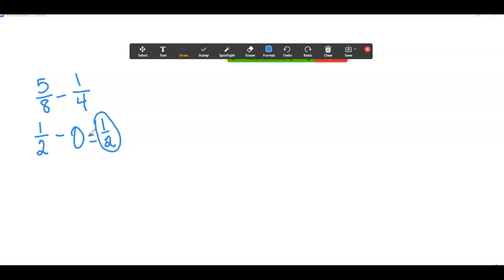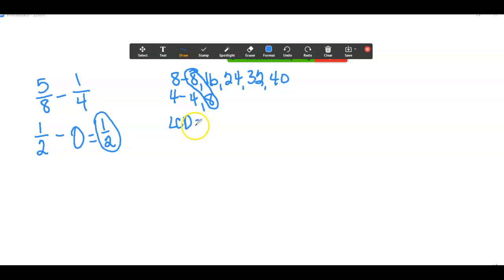Okay. All right, so the next thing I need to do is I need to find the LCD. Some of you might be able to tell me what the LCD is right now. Okay, I'm going to do my multiples. Okay, so for 8, it's 8, 16, 24, 32, and 40. For 4, it's 4, 8, oop, there we go. There's my LCD. Do I need to continue on? I do not.